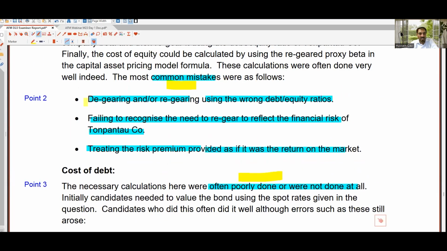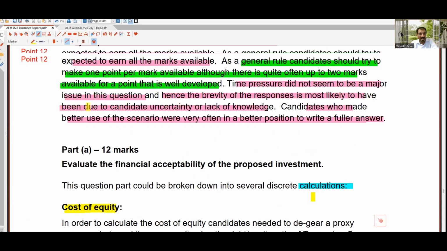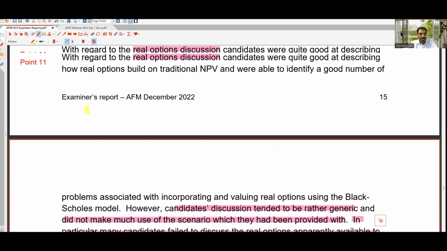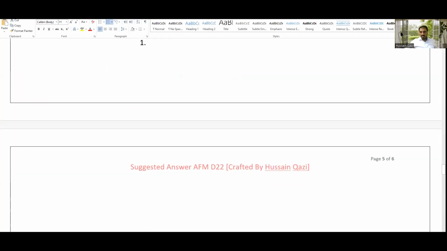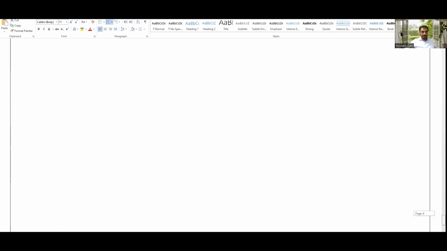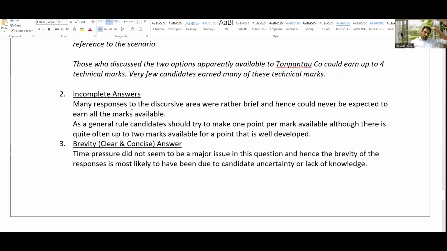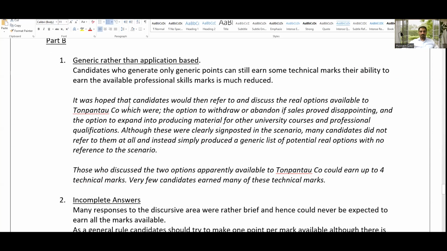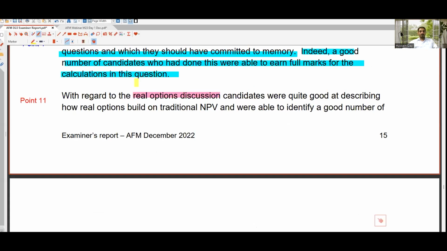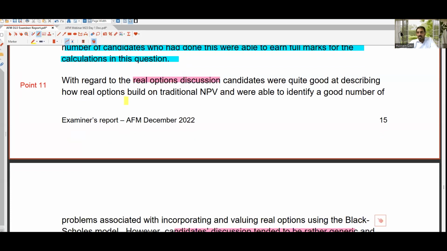Now, the examiner report diagnosis related to part B. Number one, very important. Your document is already available, don't worry. What does the examiner say here? The answer is over. Now we are diagnosing the examiner report.